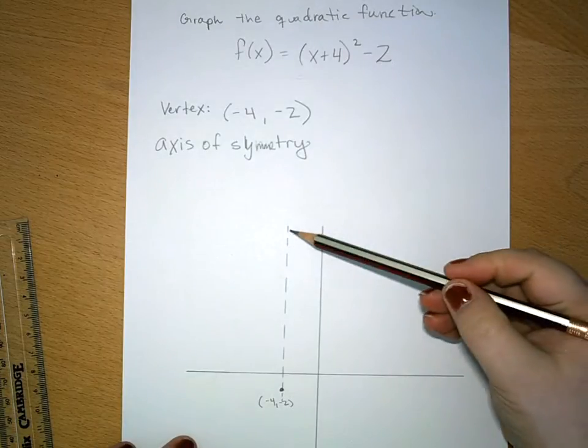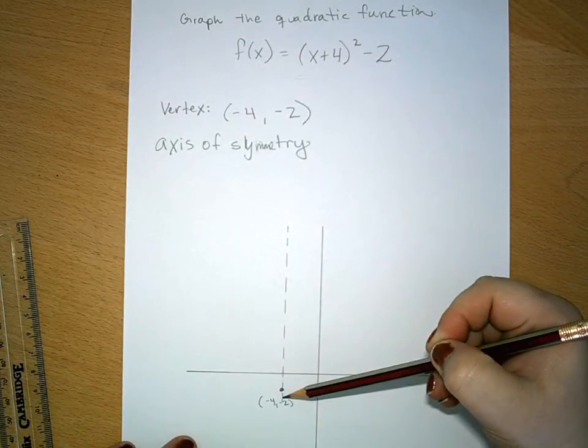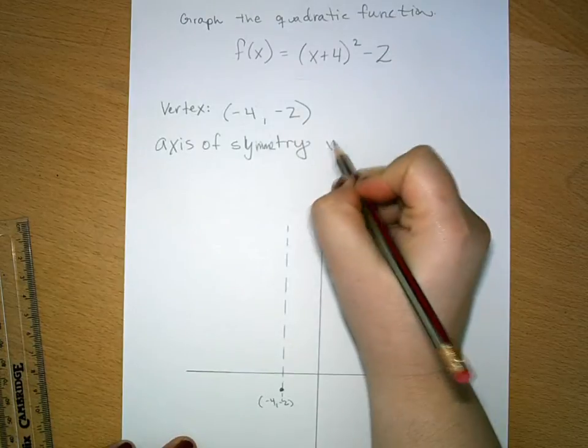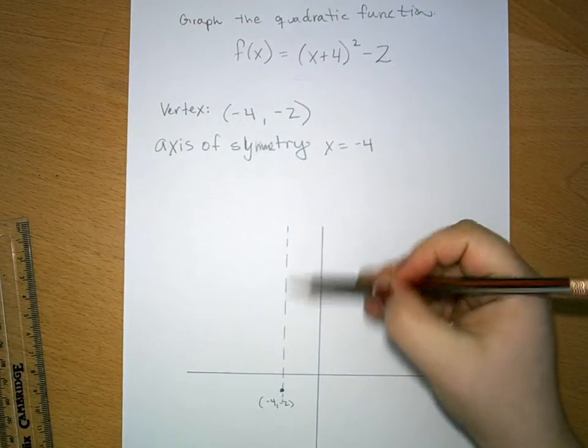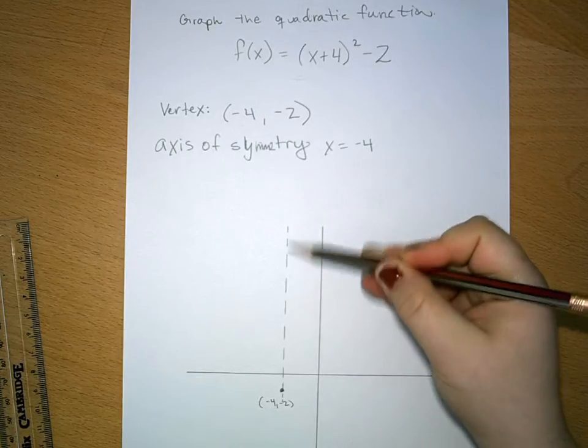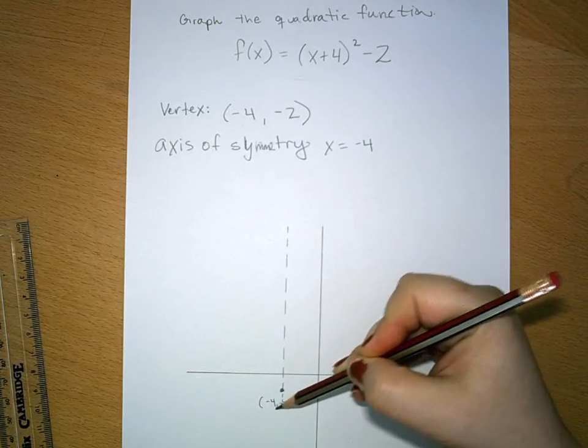Now the axis of symmetry, the vertical line equation, is going to be x equals -4. The reason why it's x equals -4 is because every vertical line, or if we think of all of the inputs on this line, are going to be -4.